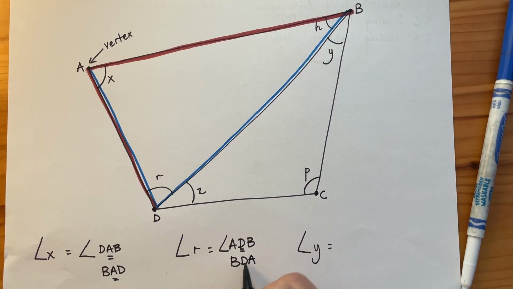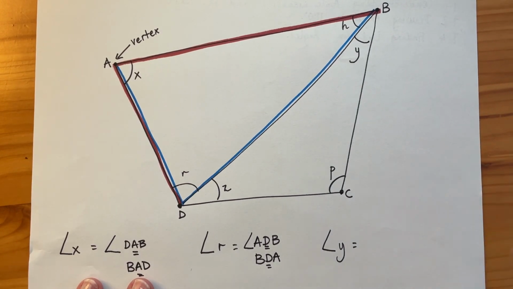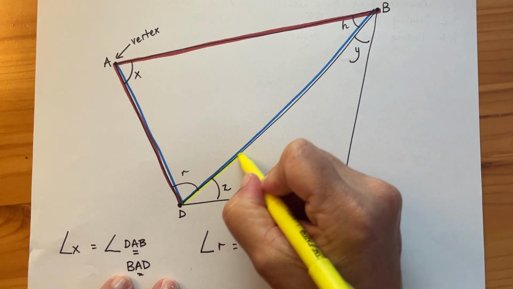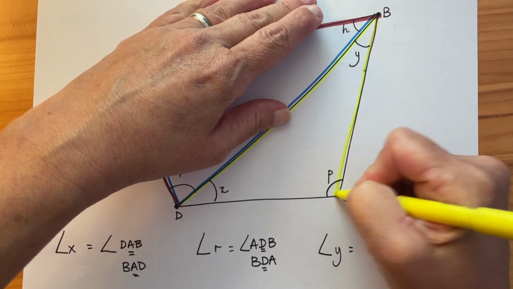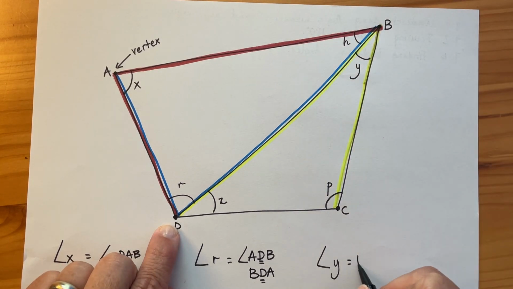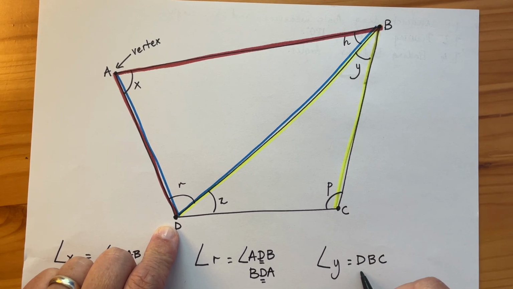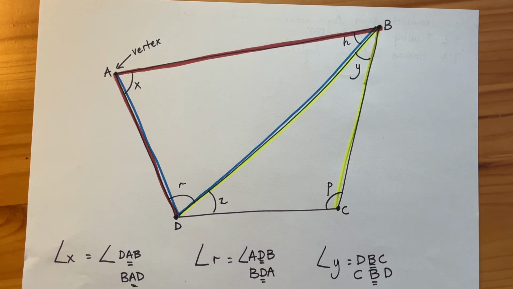And once again, we check to see that the middle letter is the vertex. And finally, you might have angle Y, which would be this. We want to make sure that Y is in the middle. So angle Y would be DBC, or CBD. We've got the vertex in the middle there.